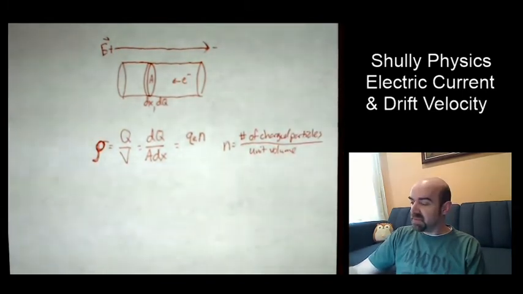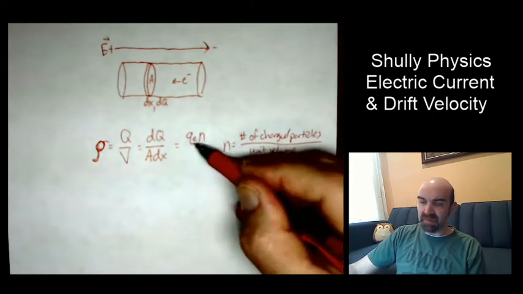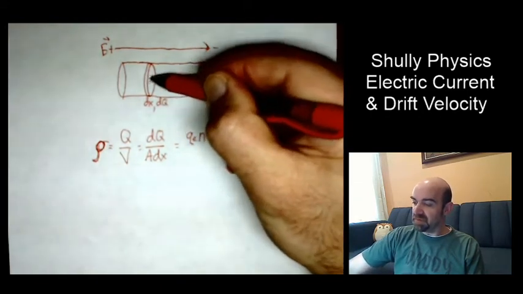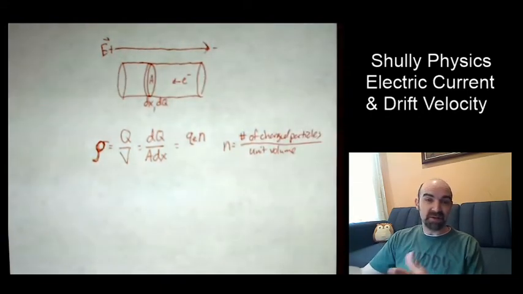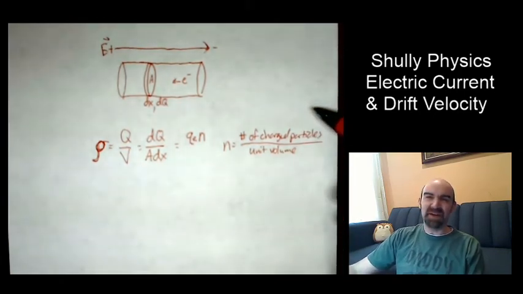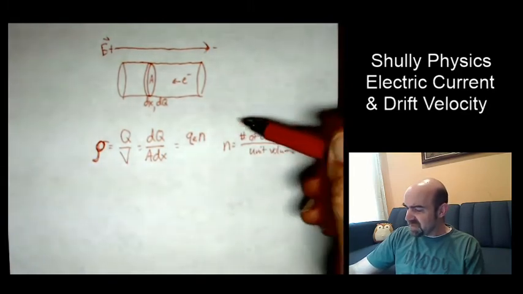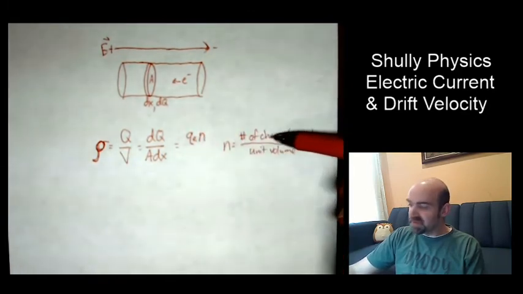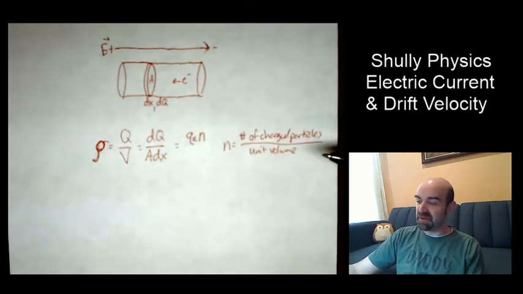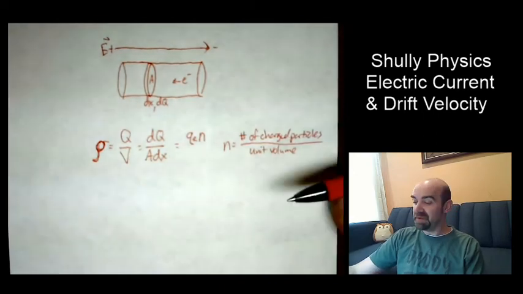Okay, so if we've got a number of electrons per unit volume within this pepperoni, or within the entire pepperoni sausage of a conductor, I should probably stop using that metaphor. Then the number of electrons in that unit volume times the charge of an electron will be the charge per volume. So this ratio will be the same.